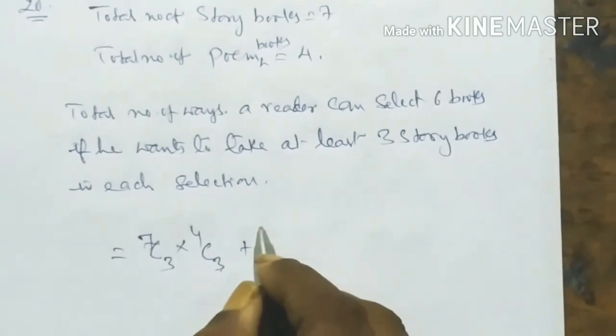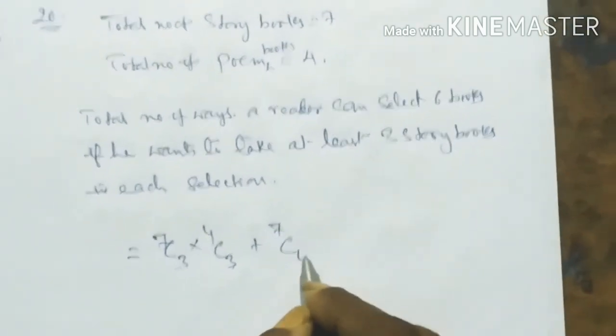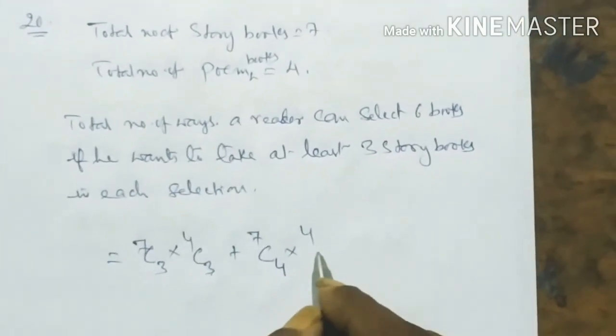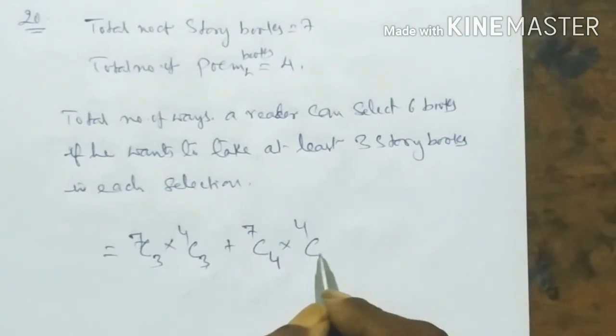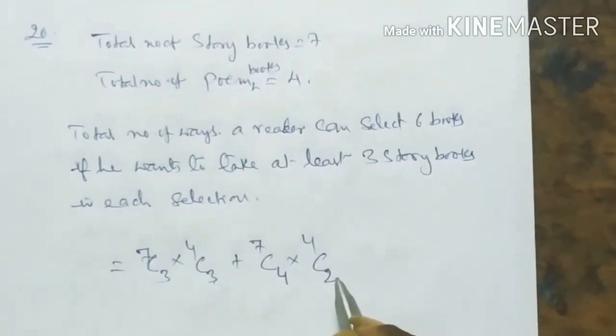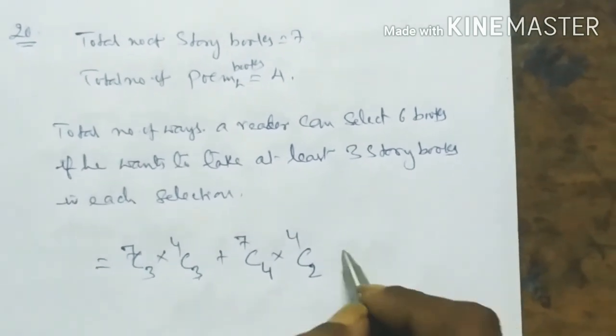And again from 7 story books she is going to select 4 story books, and from 4 poem books she is going to select 2 poem books. So the total comes out to be 6.